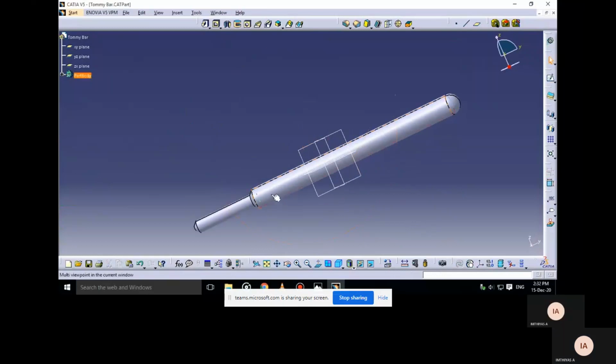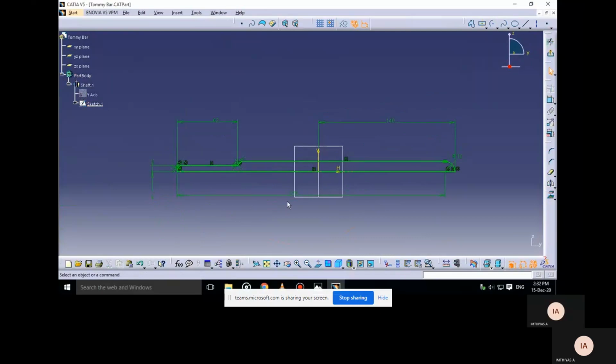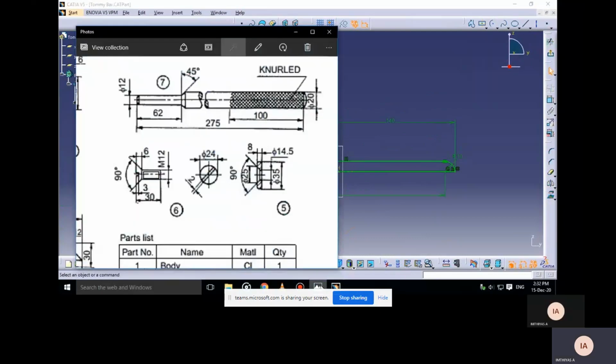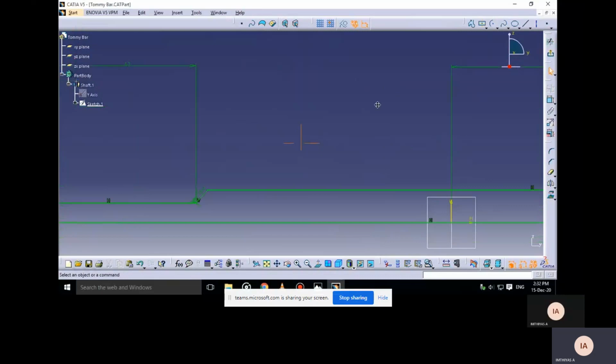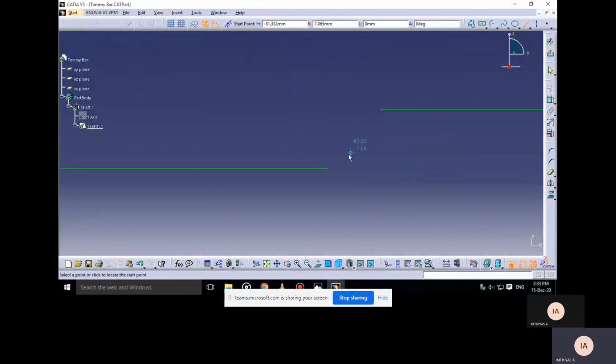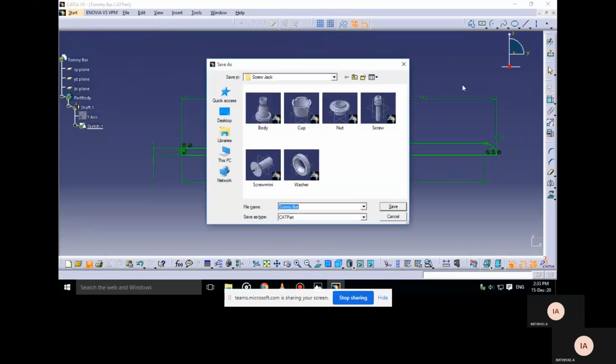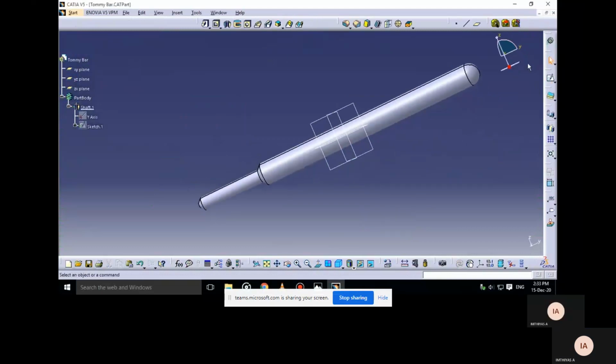Now the Tommy bar is made. It is of 45 degree. Now the part is made and the Tommy bar is also saved.